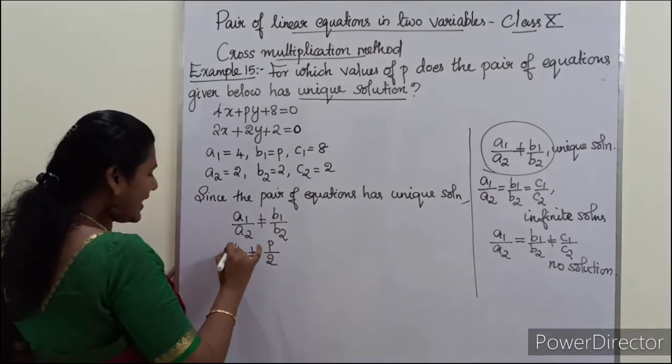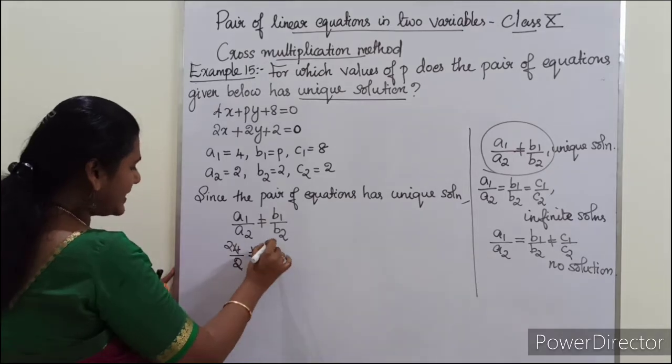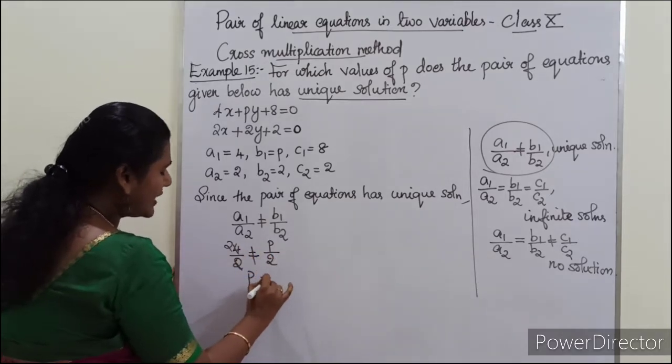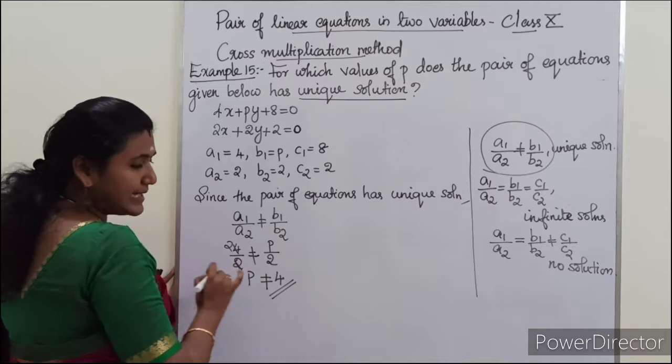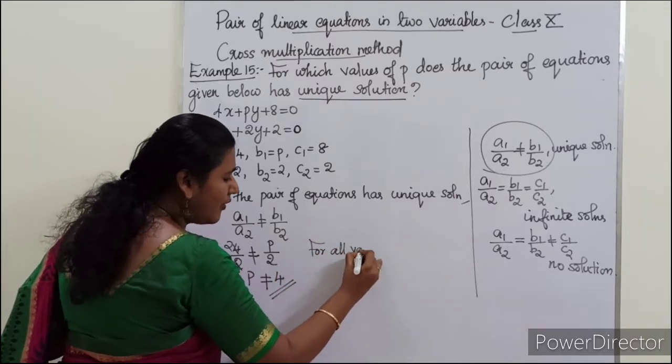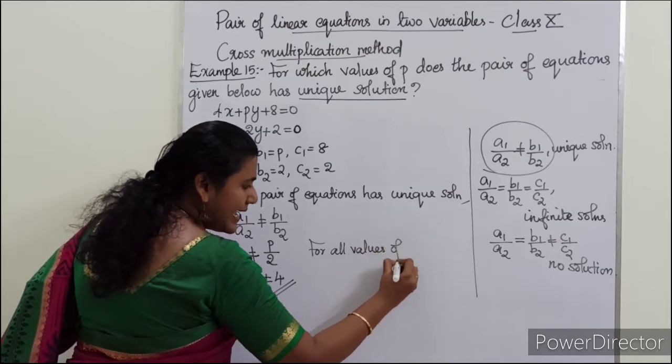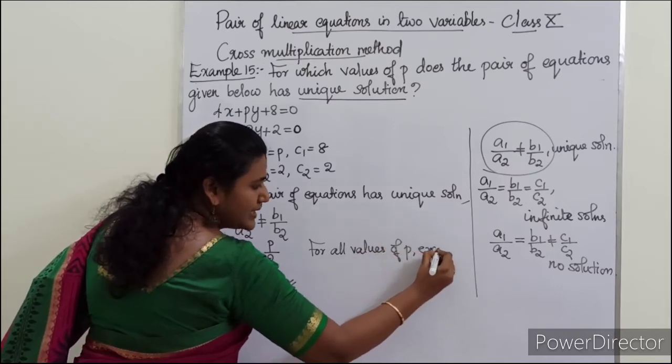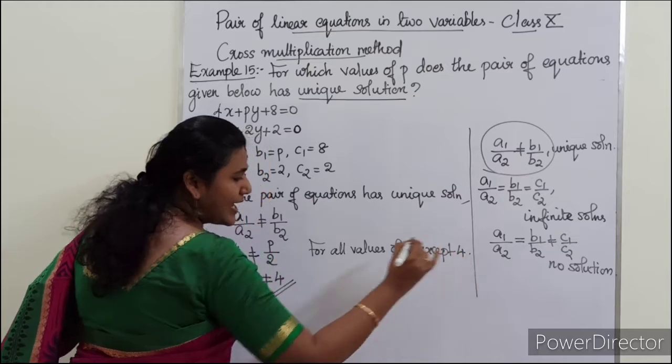So we will simplify now. Now we will do cross multiplication. So p not equal to 4 you will get. That is for all values of p except this 4. Okay, so p cannot take the value 4.